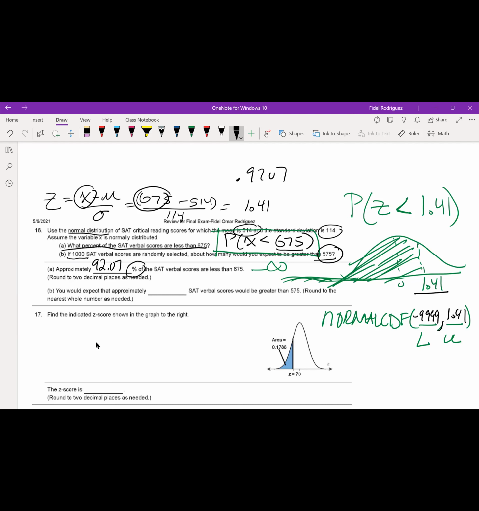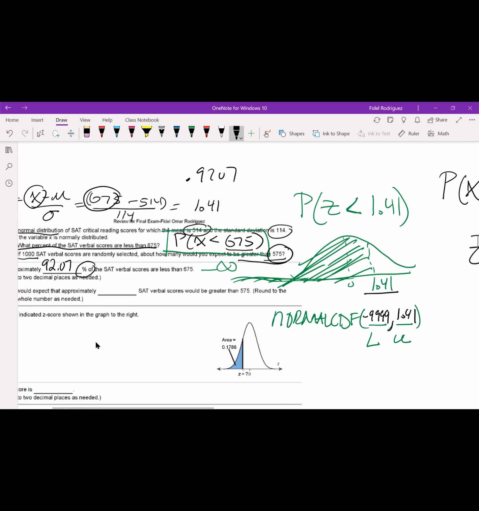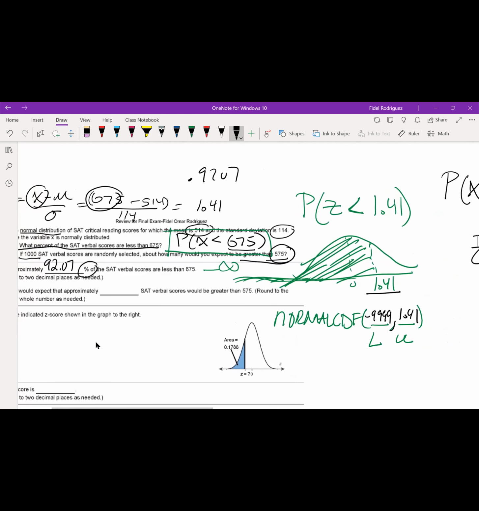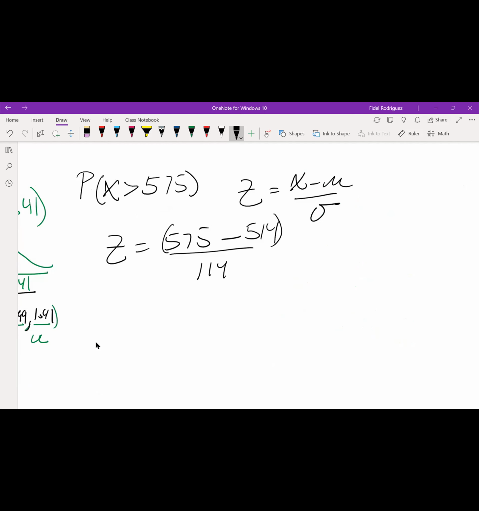So 575 minus, we said our mu was 514 and our sigma was 114. And so now what I'm going to go ahead and do is do that part on my calculator. So I'm going to go 575 minus 514 divided by 114.